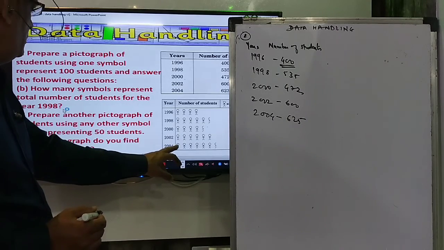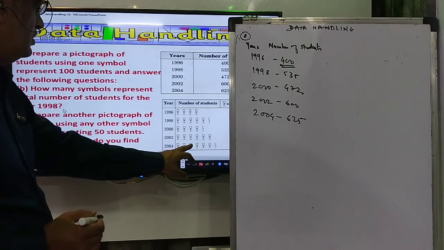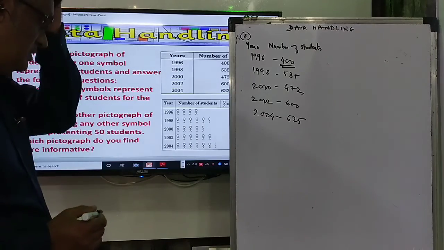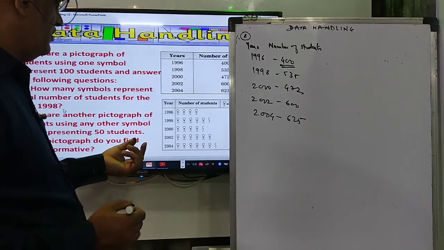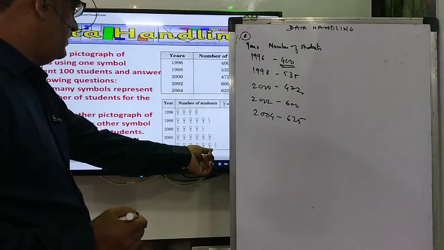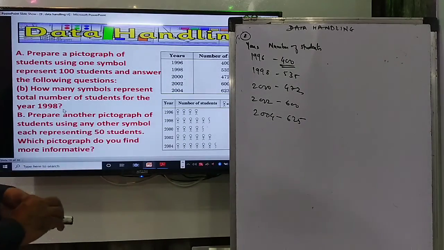In 2004 there are 625 students, so 1, 2, 3, 4, 5 and 6 complete symbols, but there is no 1/4. We cannot draw 1/4 of the symbol. That is why we have used half of this symbol.